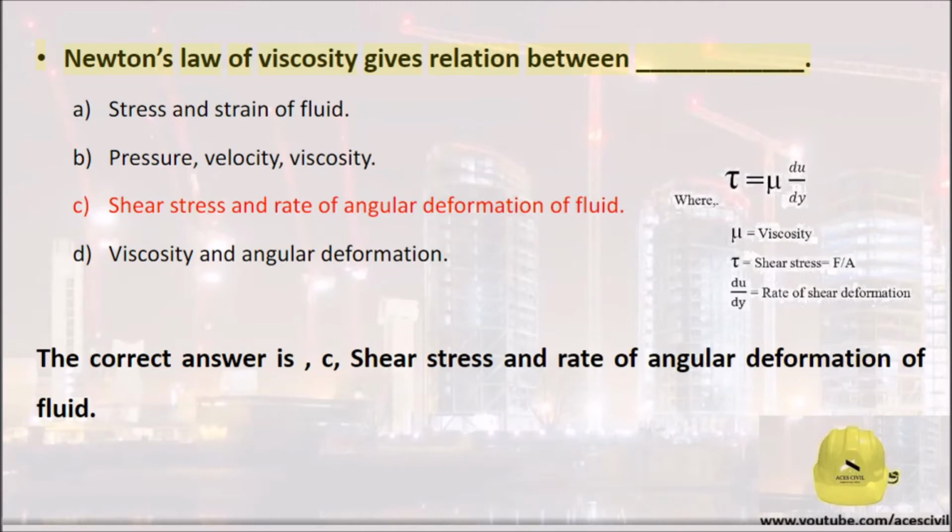Newton's law of viscosity gives relation between: A. Stress and strain of fluid, B. Pressure, velocity, viscosity, C. Shear stress and rate of angular deformation of fluid, D. Viscosity and angular deformation. The correct answer is C. Shear stress and rate of angular deformation of fluid.